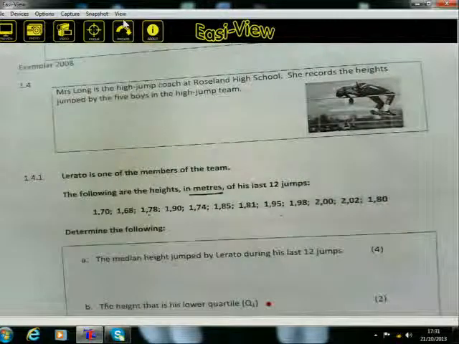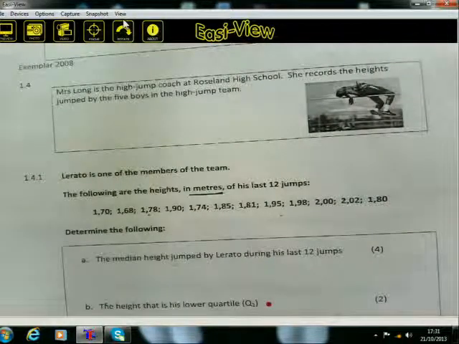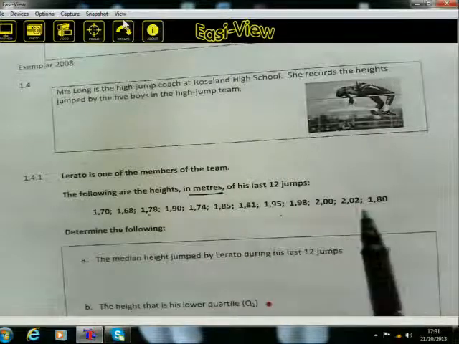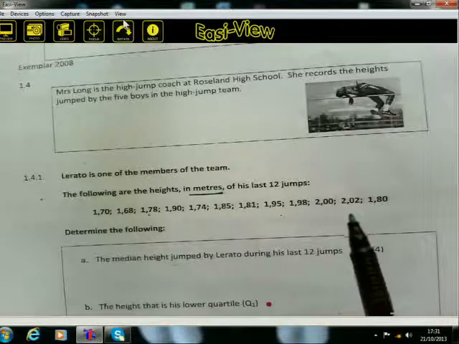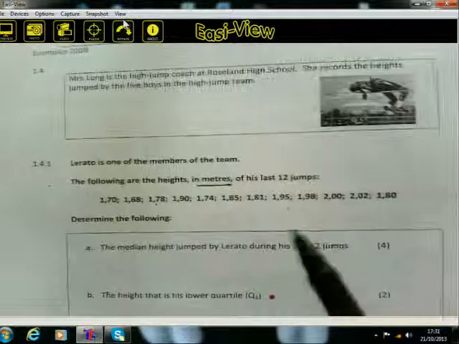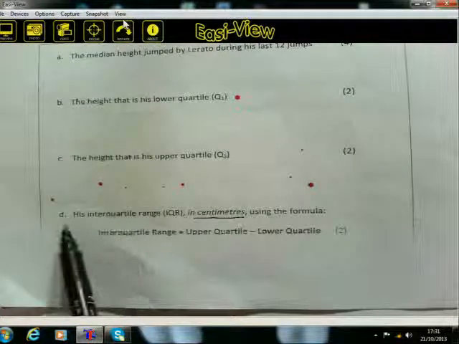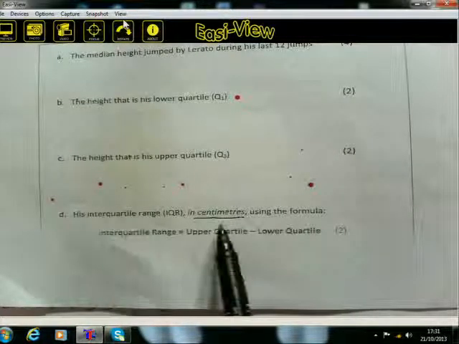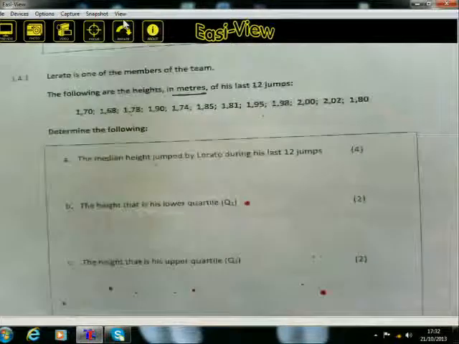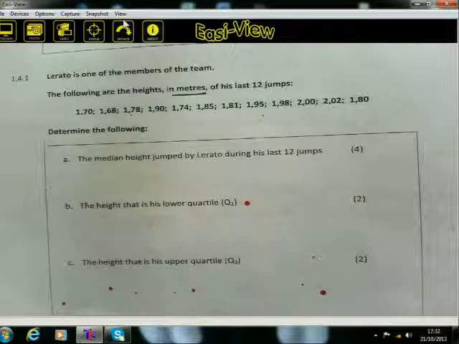Again, remember, while we were dealing with Lerato's heights, the heights were in meters. But now when you were in question number D, you had to convert meters to centimeters. So you better be careful of such questions. So your answer was in centimeters.